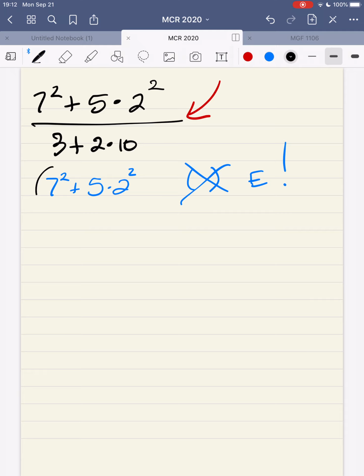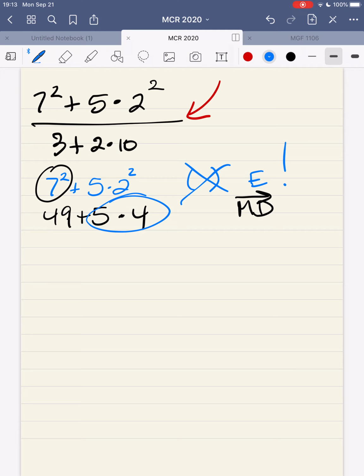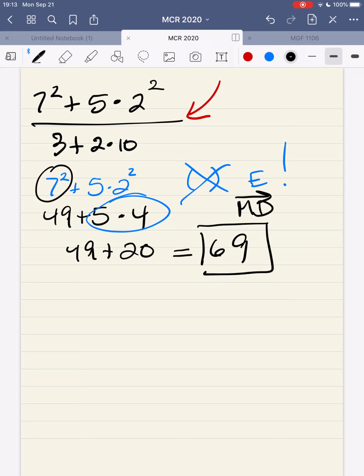So 7 squared is 49 plus 5, and 2 squared is 4. So far, so good. Do I have multiplication or division? Absolutely. I have a set of multiplication right here. So I have 49 plus 5 times 4, which is 20, which is going to give me a total of 69. This is my numerator of my new fraction. And for right now, I'm going to leave it alone.